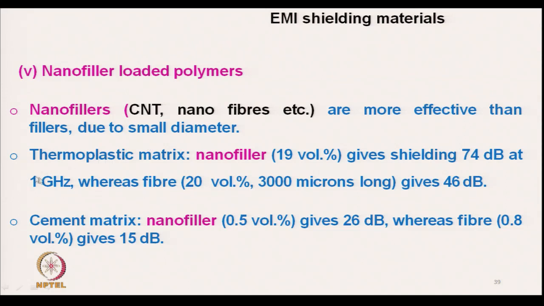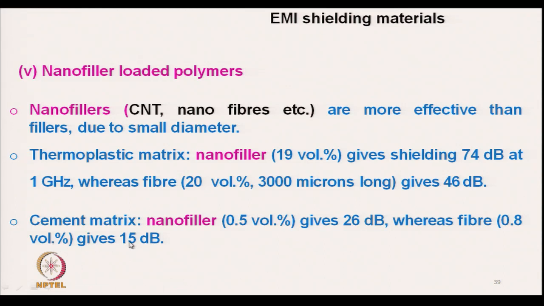If we use a thermoplastic matrix and use nanofiller within that, 19% by volume will give a shielding effectiveness of 74 decibel at 1 gigahertz frequency, whereas 20% of normal micron level particles will give only 46 decibel effectiveness.